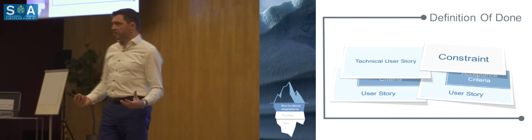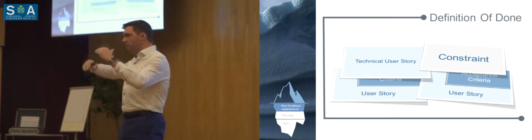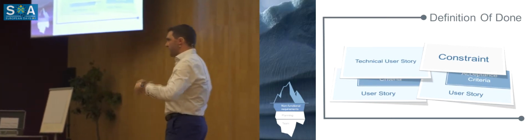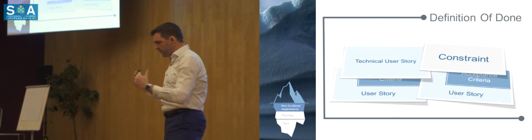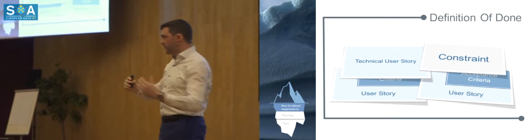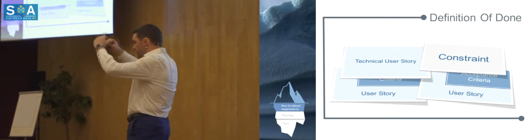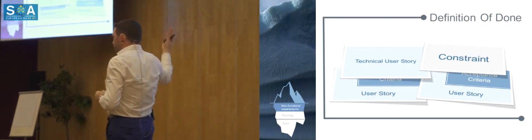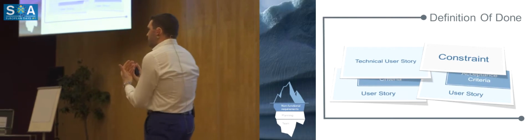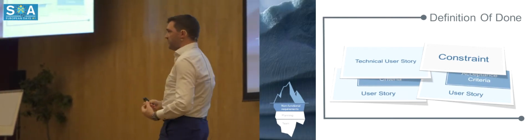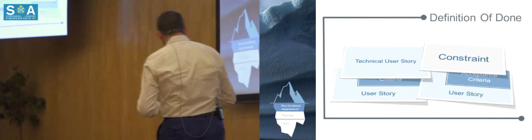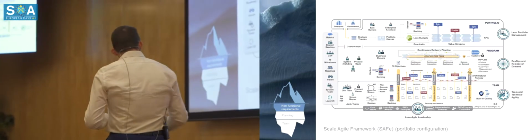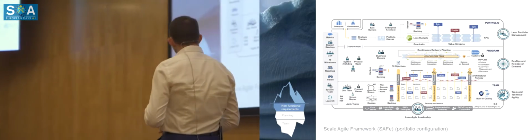And a definition of done, you can have it on multiple levels. You can have it on the level of your user story, on your sprint, on your release, maybe even on feature and epic. So there are different ideas to integrate non-functional requirement information in user stories. And that's the SAFe model.